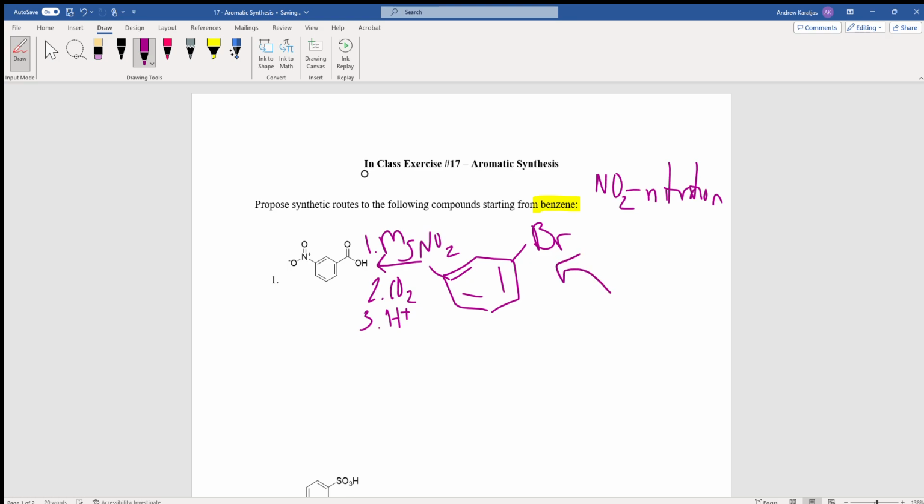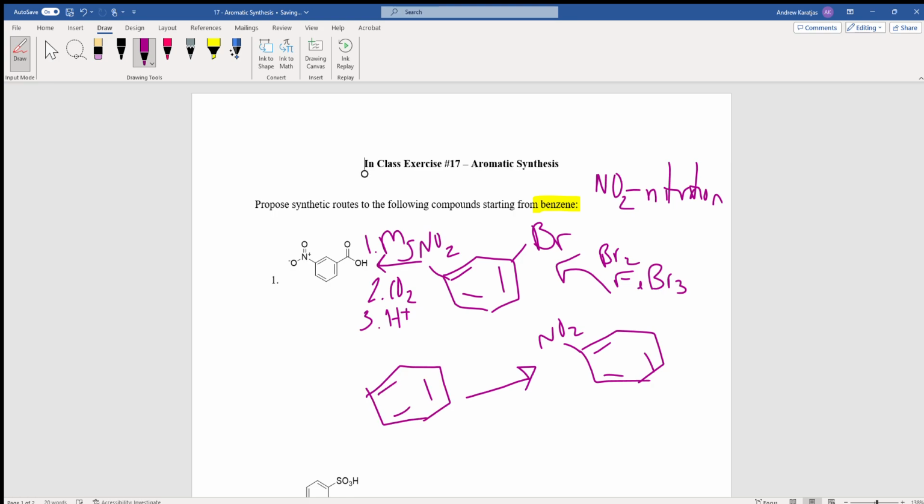And so if we had nitrobenzene, and did a bromination of that, then that nitro group would direct any new substituents, in this case the bromine, meta, and we get the substitution we wanted. Finally, the nitro group can be added in a single step directly to benzene, and we do that using the nitration conditions of nitric acid, sulfuric acid, and heat.